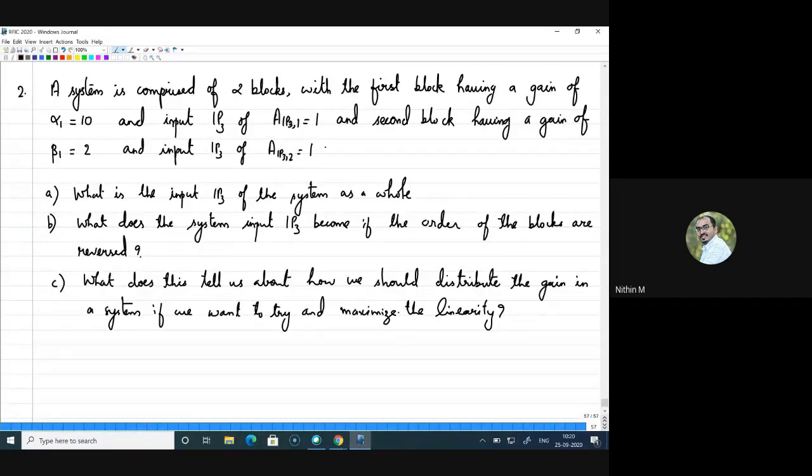And the third part is, by looking at the IP3 of both the cases, with alpha 1 as the first stage and alpha 1 as the second stage, what we understand is, if you want to maximize linearity, in what way we should distribute the gain in a system. I think for the C part I'll give a little more clarity.